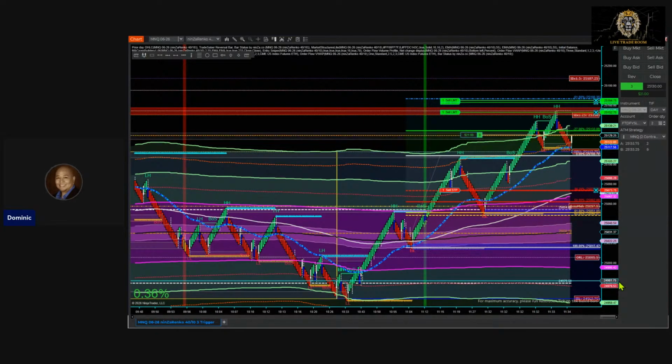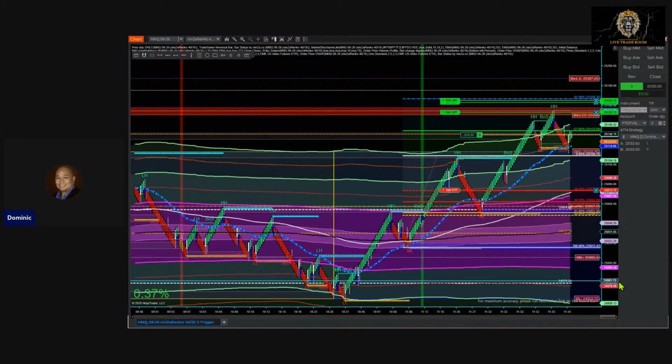Get up to 60. 30. Come on. How far will we get up there? 51.